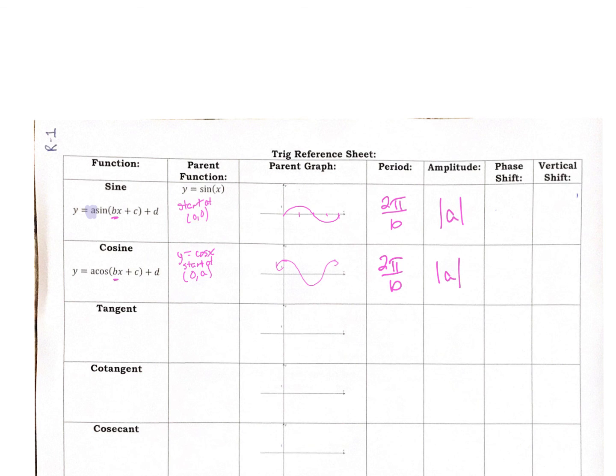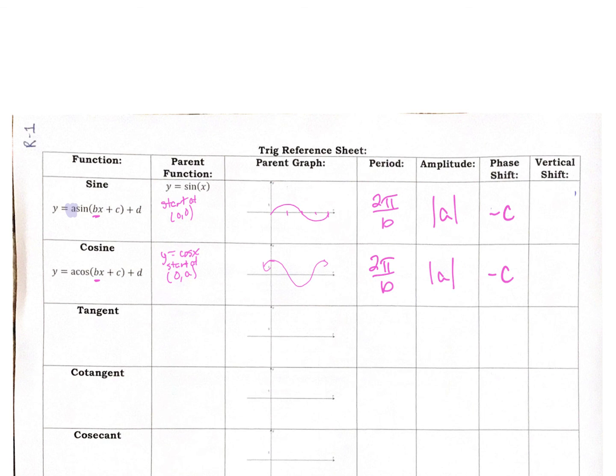You're going to have one or the other, adjusting your x-axis. I'm not going to give you both at the same time. Okay, so for your phase shift, you're basically going in the opposite direction of C, whatever you see for C. And for your vertical shift, you're going D units up or down.